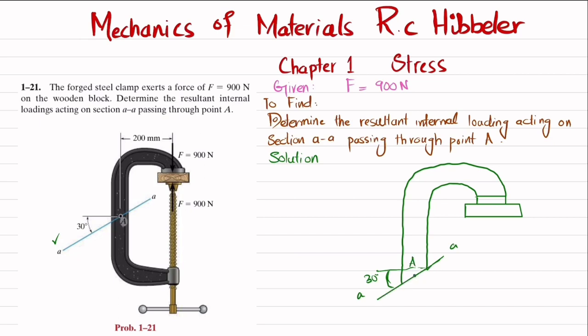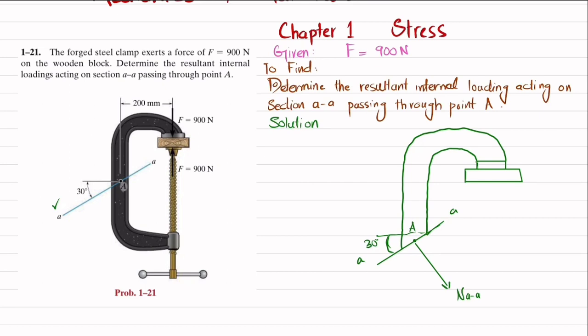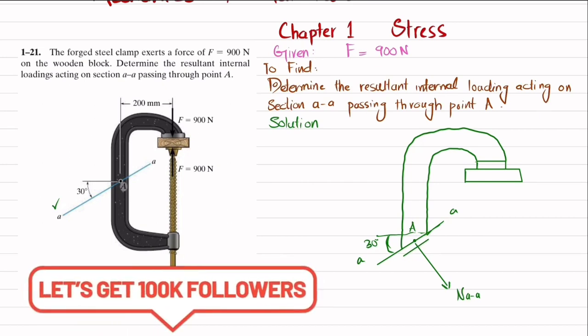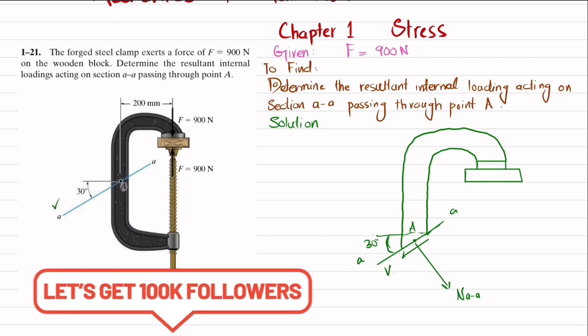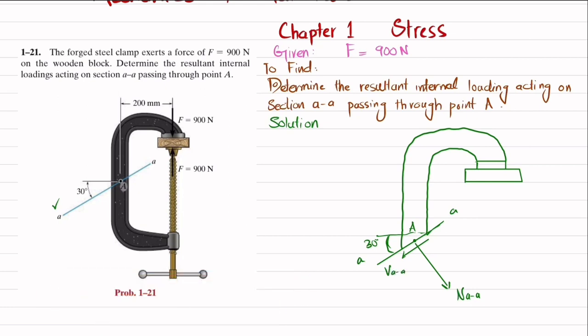Clear? Now when you cut it, you will be having a normal force acting on this surface which is equal to NAA. You will be having a shear force on this face which will be equal to VAA, and you will be having a moment which will be MAA.